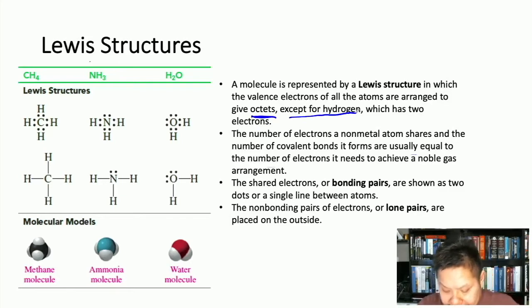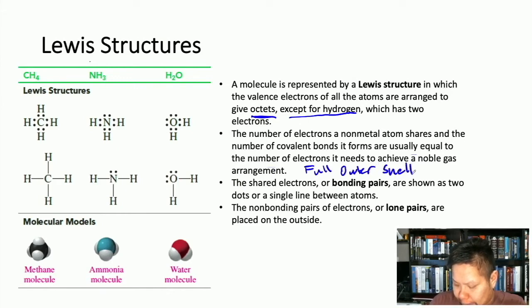So basically, each atom here that's sharing electrons is trying to achieve noble gas arrangement, which basically means, again, a full outer shell. And just as a reminder, we were talking about neon before, right, which has 10 electrons.